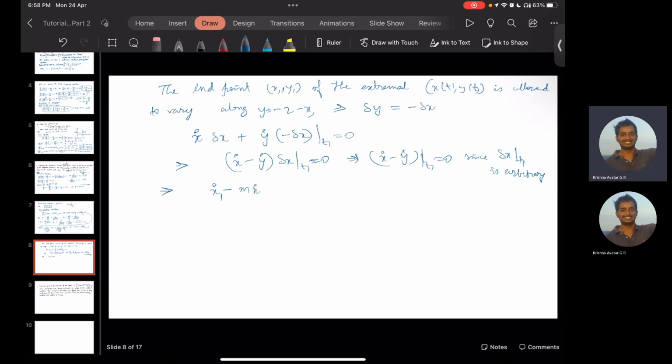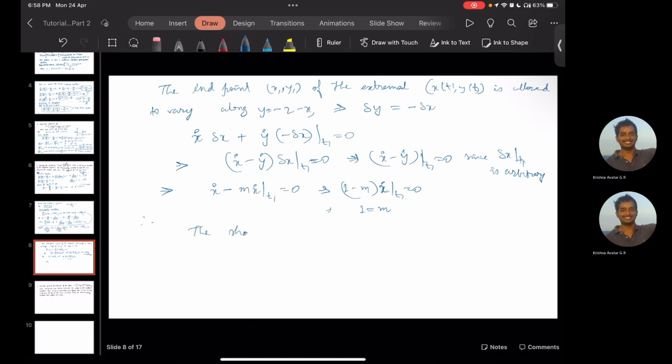Again, you see that for this to happen for any arbitrary x dot, this implies that the slope is 1. So therefore, the shortest path is y is equal to 5.